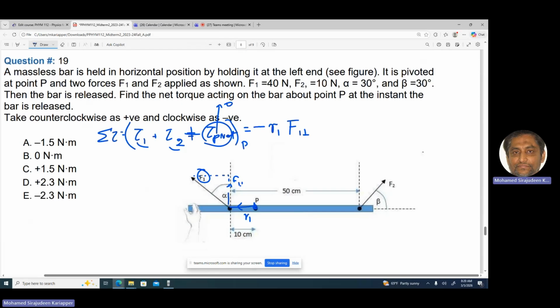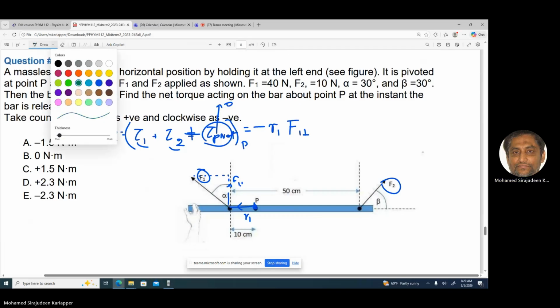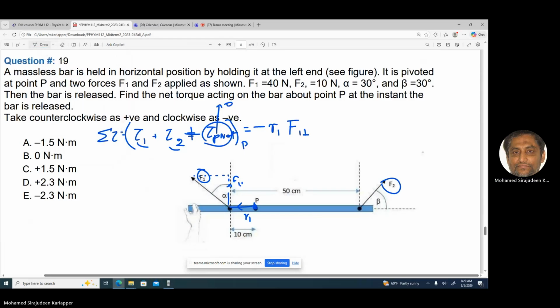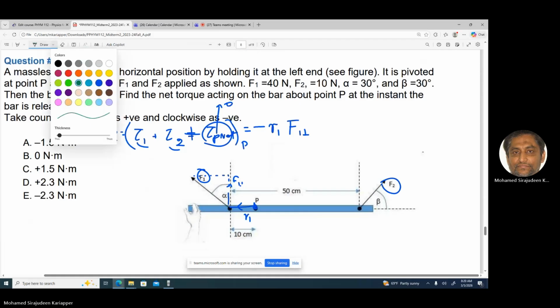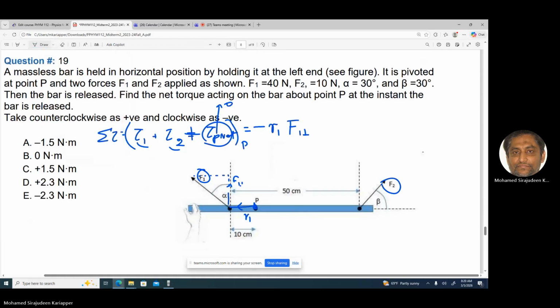So, let me go to F2 now. For F2, I'll say R2.